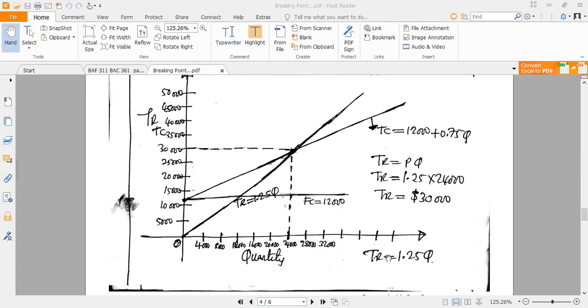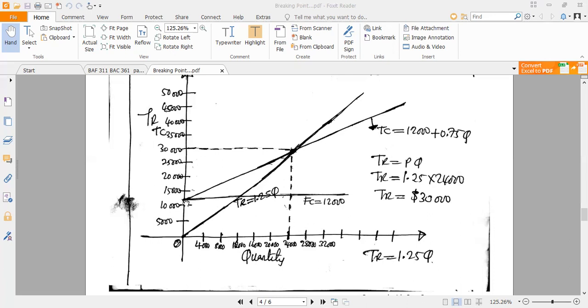Similarly, total revenue is equal to price times quantity. Our price was 1.25, and the quantity is 24,000 units at the break-even point, so the total revenue will also give you 30,000. Substituting 24,000, you find that the total revenue and total cost are the same.